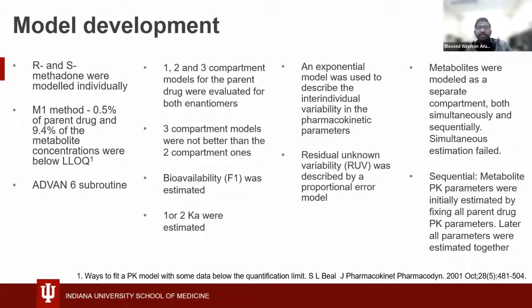We couldn't get it to run together, so we had to use a sequential method where we first estimate the PK of the parent drug, and then fix it and do the metabolites. We considered the volume of distribution of the metabolite as the same as the volume of distribution of the drug, because they are not identifiable.